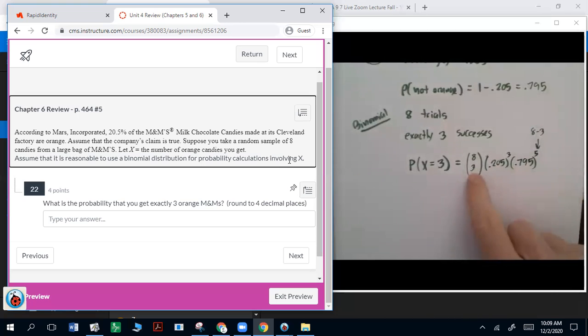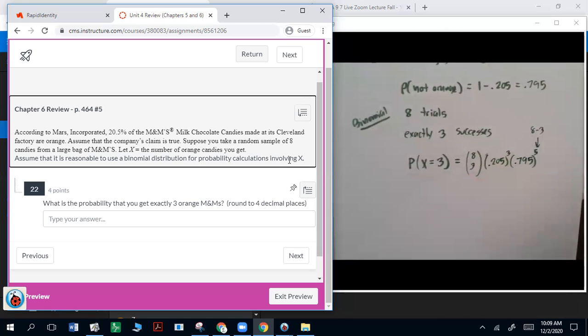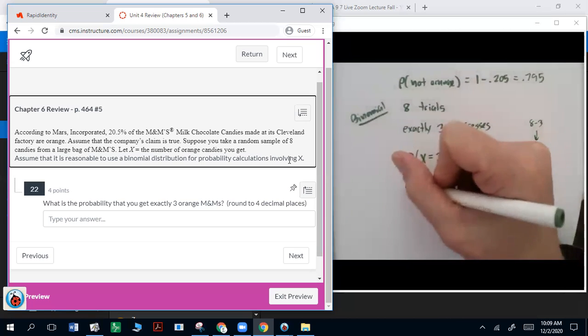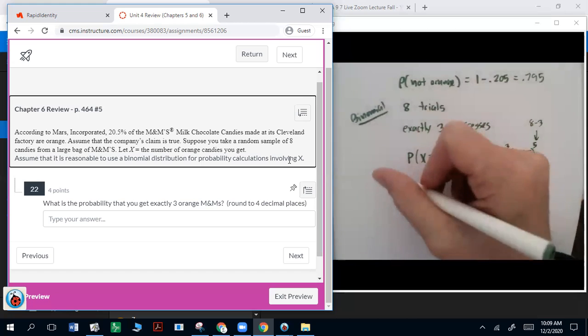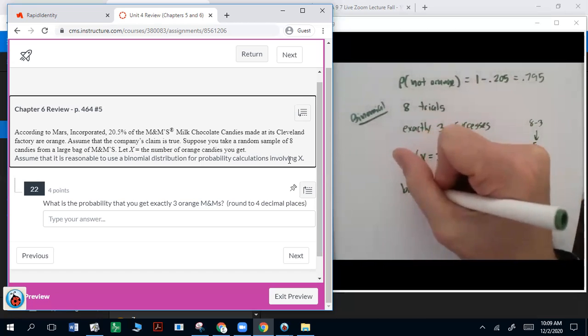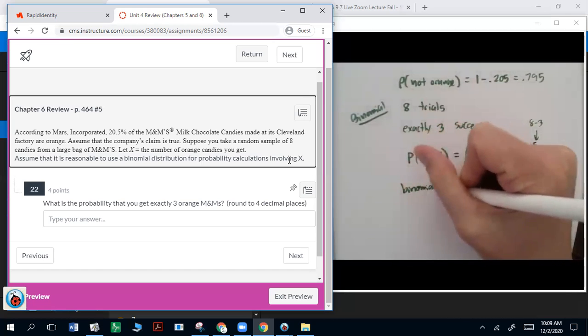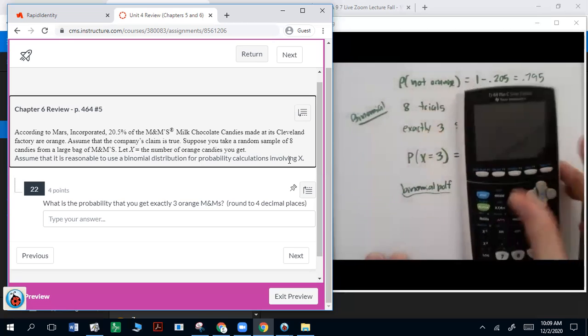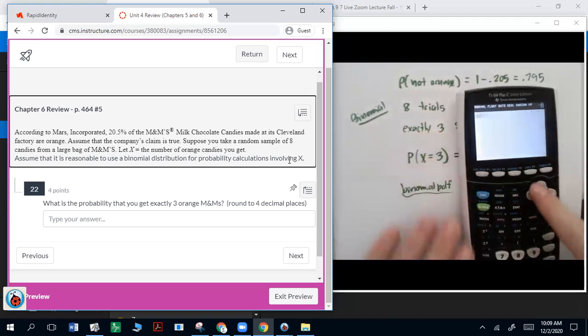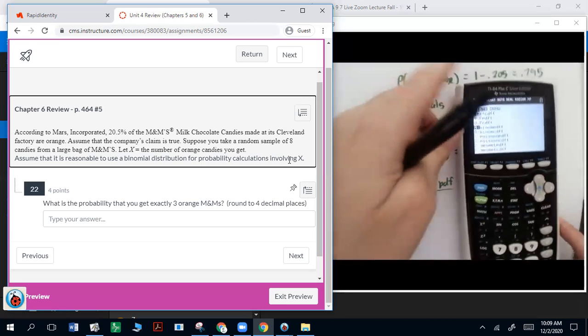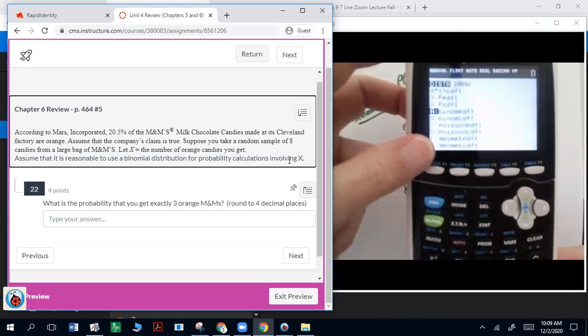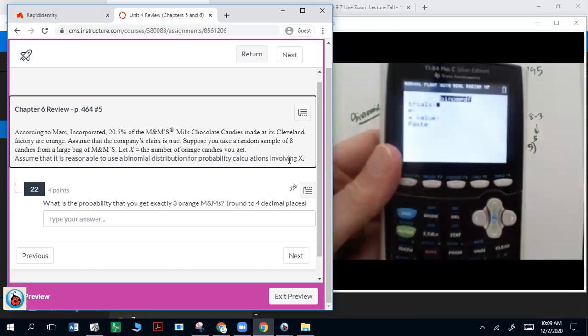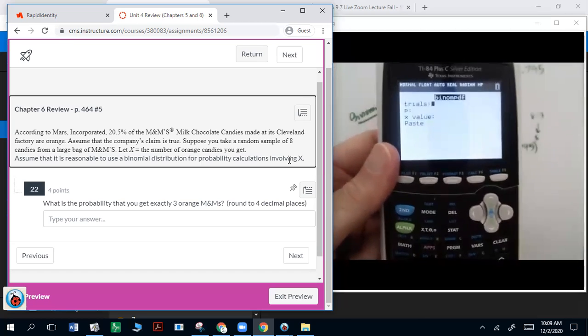So we can actually calculate this by hand, but I would prefer you just do the binomial PDF. So this is PDF, probability density function. You do binomial PDF. And we'll do our inputs. So the binomial PDF, go all the way down to this one, option A. And your number of trials is going to be 8.